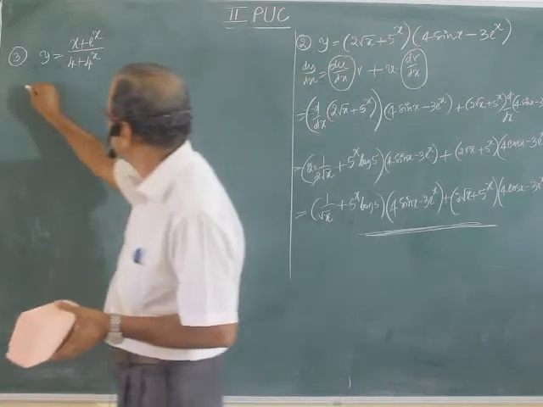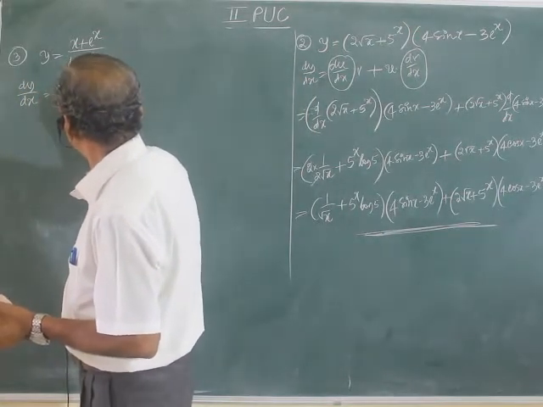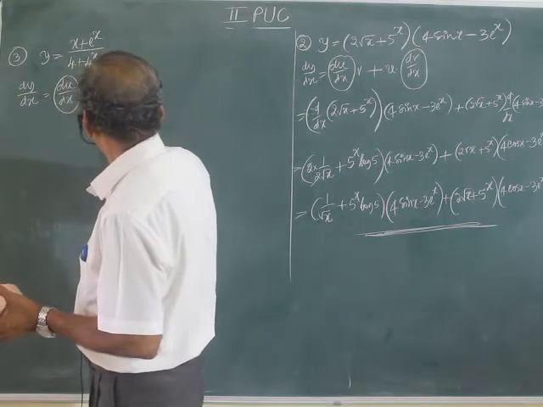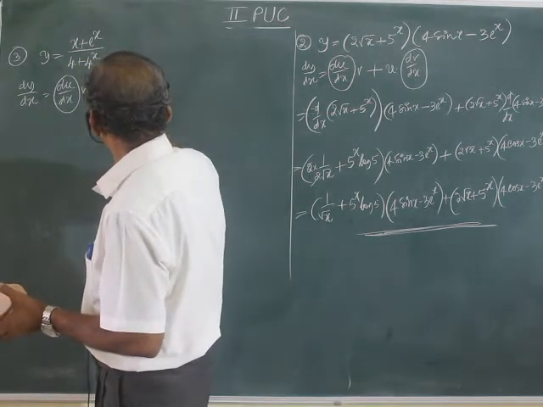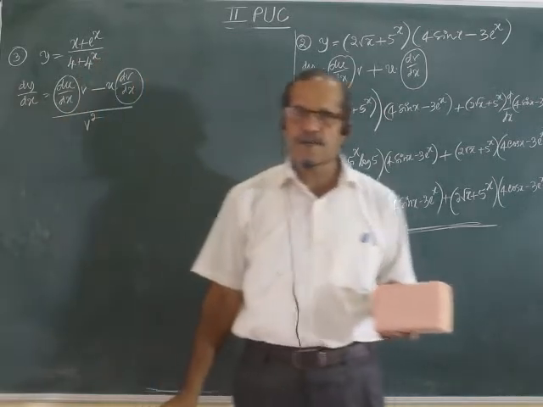First write quotient formula. dy by dx is du by dx into v minus u into dv by dx, full divided by v square. Quotient formula is written.